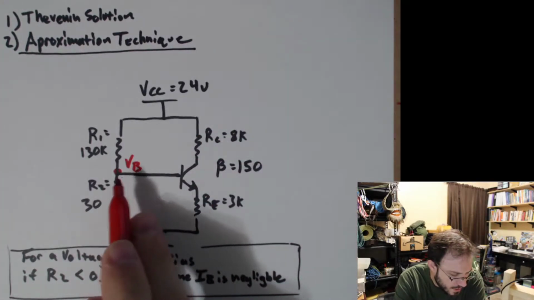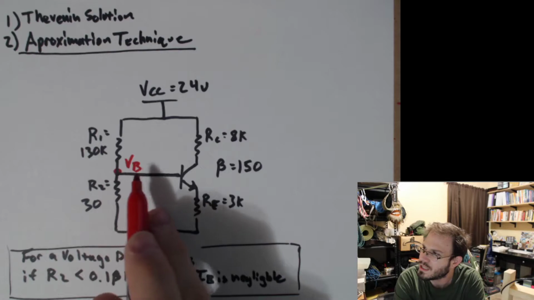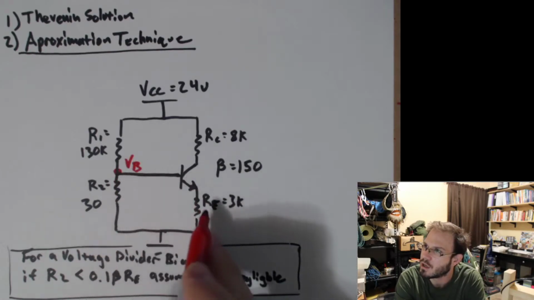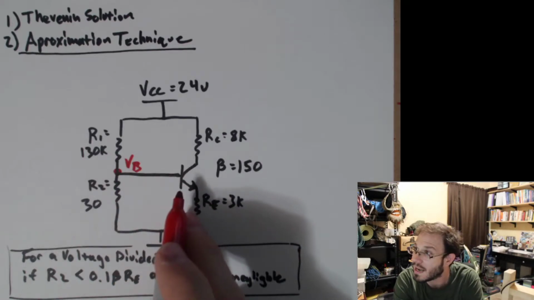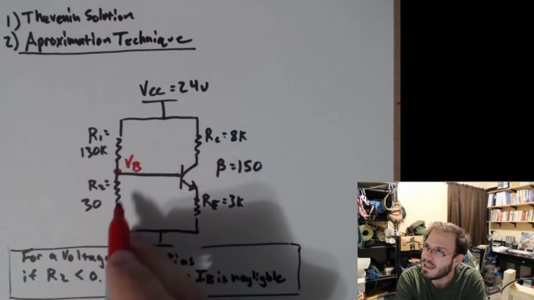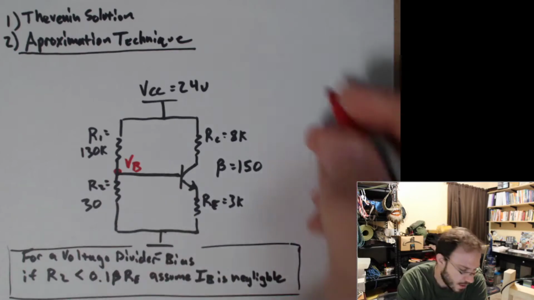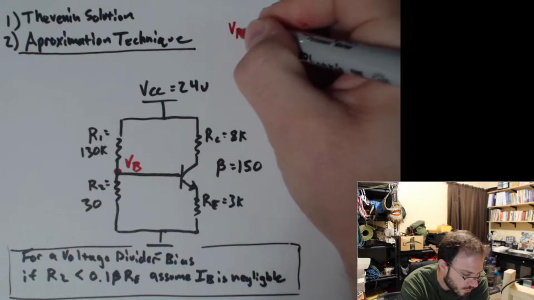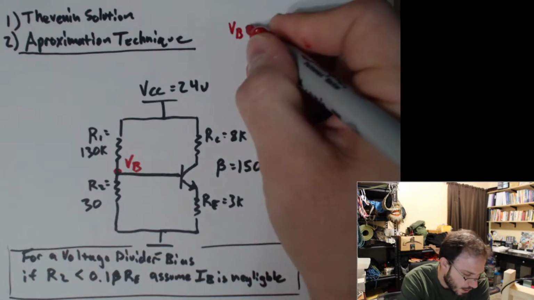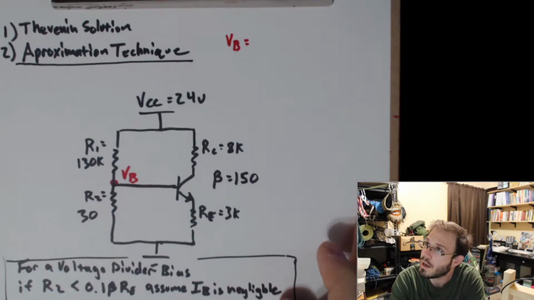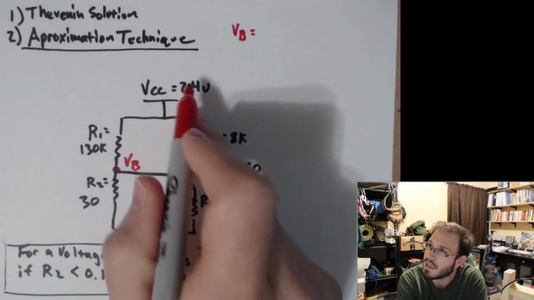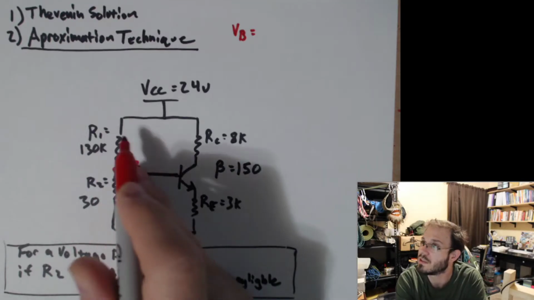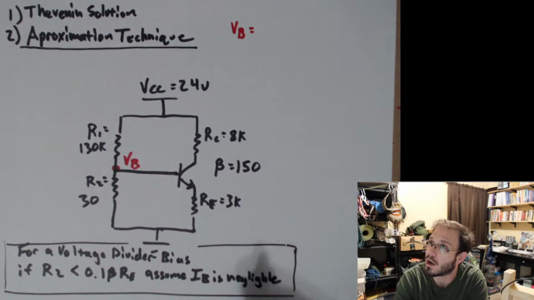So all we have to do is start by solving for what the voltage is at this point. And since we're assuming that the amount of current entering this transistor is next to 0, then this equation all of a sudden becomes valid. So let's go ahead and solve first for V sub B. Now, if I apply that voltage divider equation to it, I have 24 volts coming in, and I have VB, so to speak, coming out of the voltage divider that's been created here by R1 and R2.